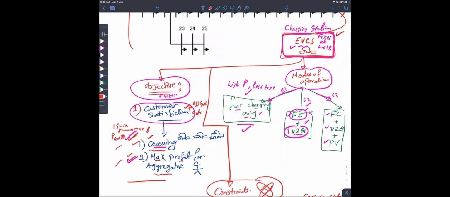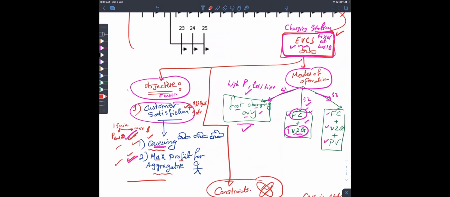This is the queuing. He will pay more and he will get priority or seniority. He can charge first.